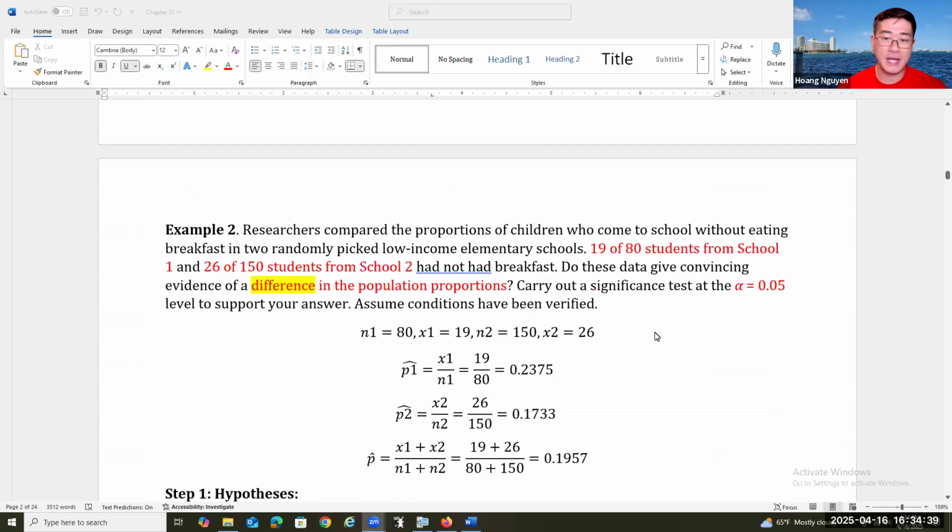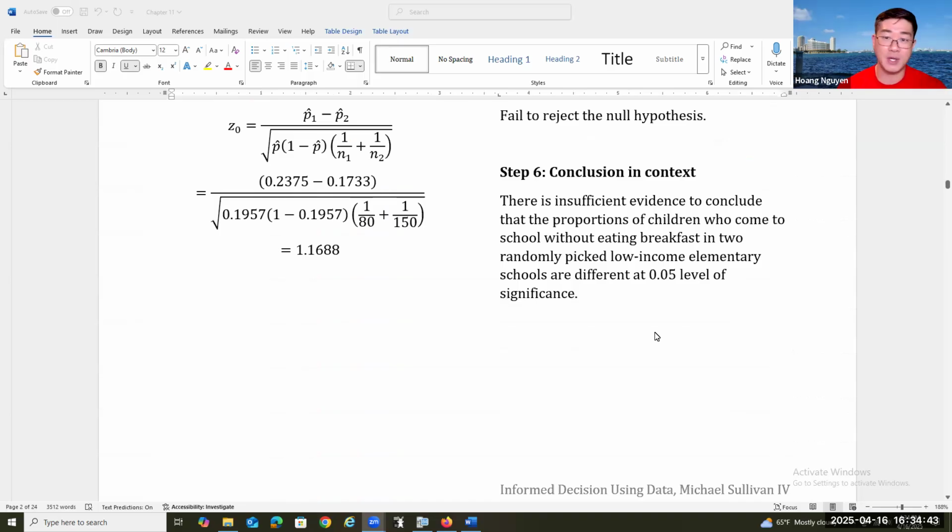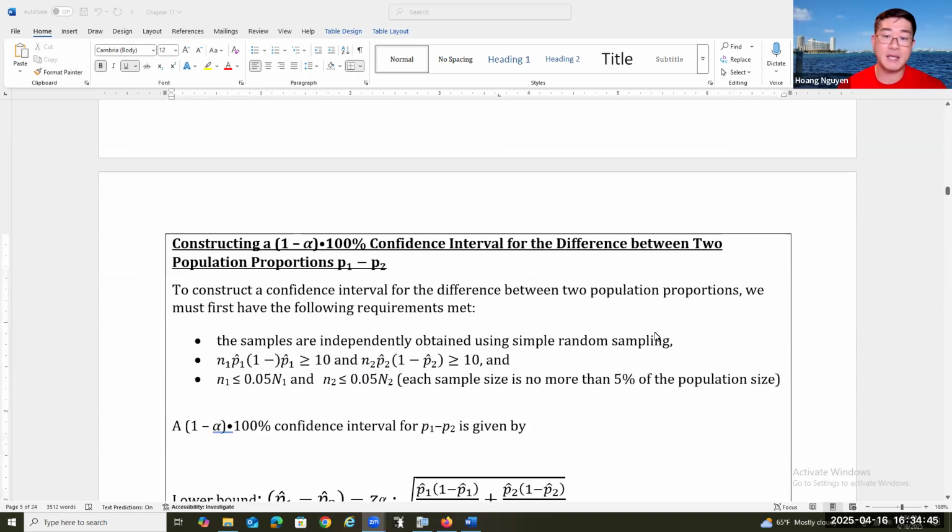Okay. So let's talk about the requirements and then the formula that we might use to construct the confidence interval to estimate the difference between two population proportions. So, construction of a (1 minus alpha) times 100% confidence interval for the difference between two population proportions, p1 minus p2.